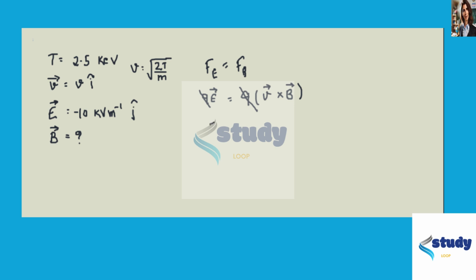So electric field E is in the minus j direction, right? So let me write this as minus j here. Magnitude of E and minus j, and magnitude of E is 10 kilovolt per meter, should be equal to the velocity magnitude V, let me take this out, times i cross B, right?